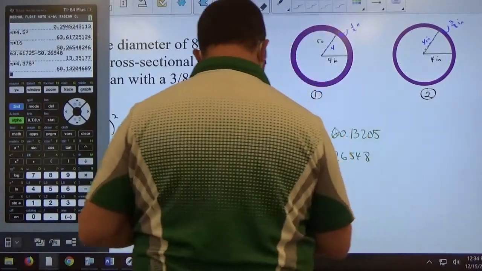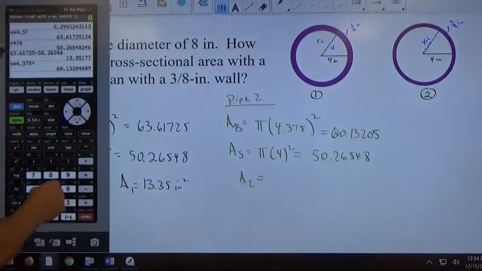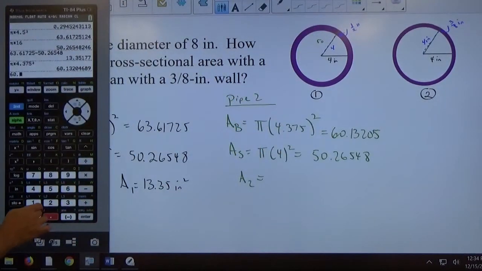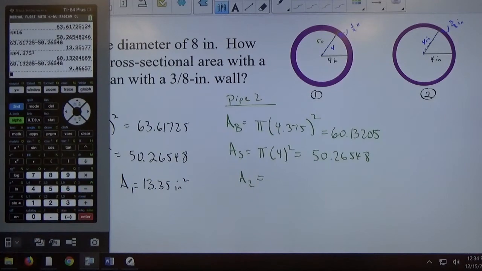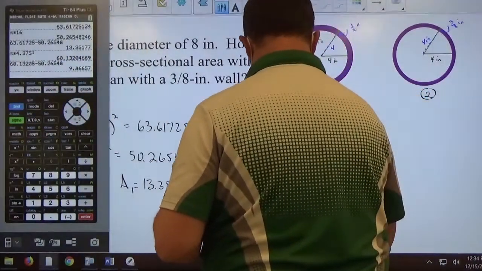So the area of pipe 2, the cross-sectional area, the purple strip on pipe 2, is going to be 60.13205 minus 50.26548, which is 9.86 or 9.87 if I round to 2 decimal places.